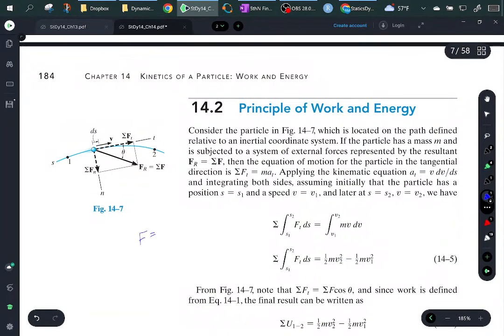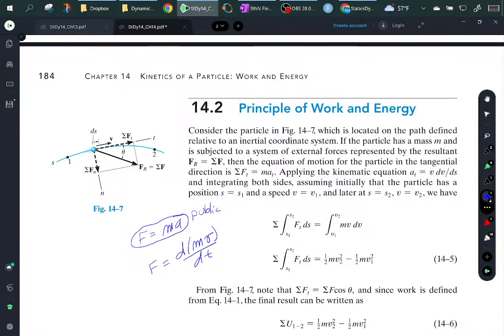F is equal to MA, right? Well, that's written as something that is publicly acceptable. But actually the equation is F is equal to this.